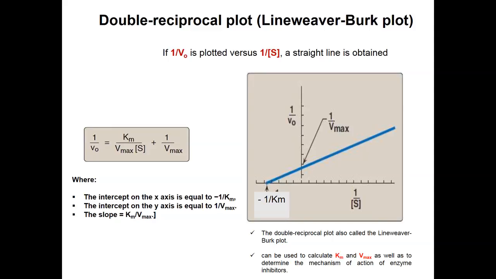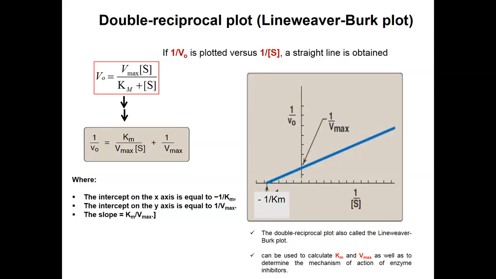So Lineweaver here developed a plot. He said, okay, the best way to determine Km and Vmax is to get a straight line where you can point to a point where the Km and the Vmax can be. So basically what he did is take the Michaelis-Menten equation and solve it, taking the entire formula and flipping it upside down, basically the inverse.